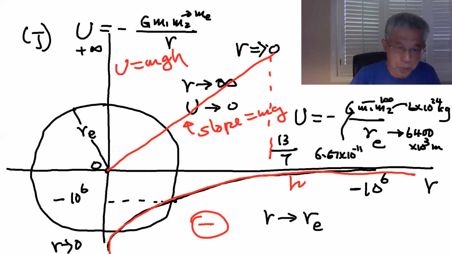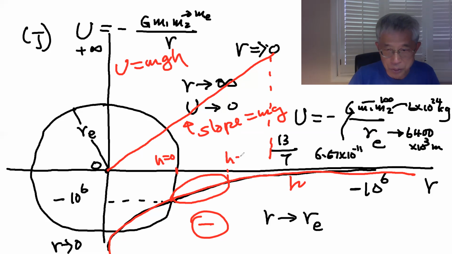But if you look at it in a small place, like from here to here, where h is equal to 0 and this is some kind of h, h equal to 2 times RE, for example, it's roughly like that. It's growing bigger.